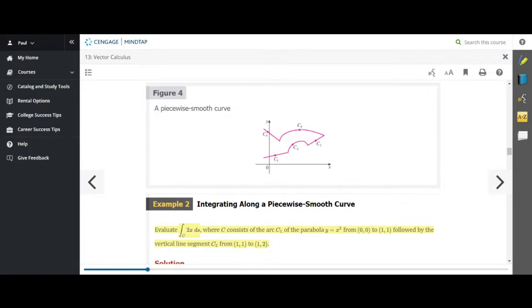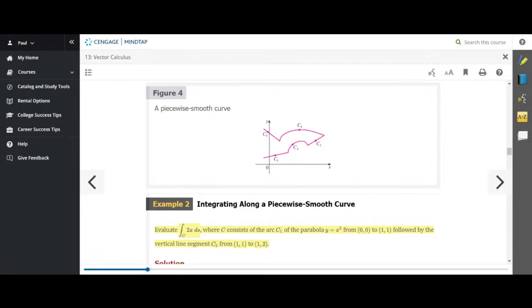Could you find the line integral for that? Yes, you could. How many line integrals would you need to compute and add together for something like figure 4? That's right, Ian. You'd have to do 5.